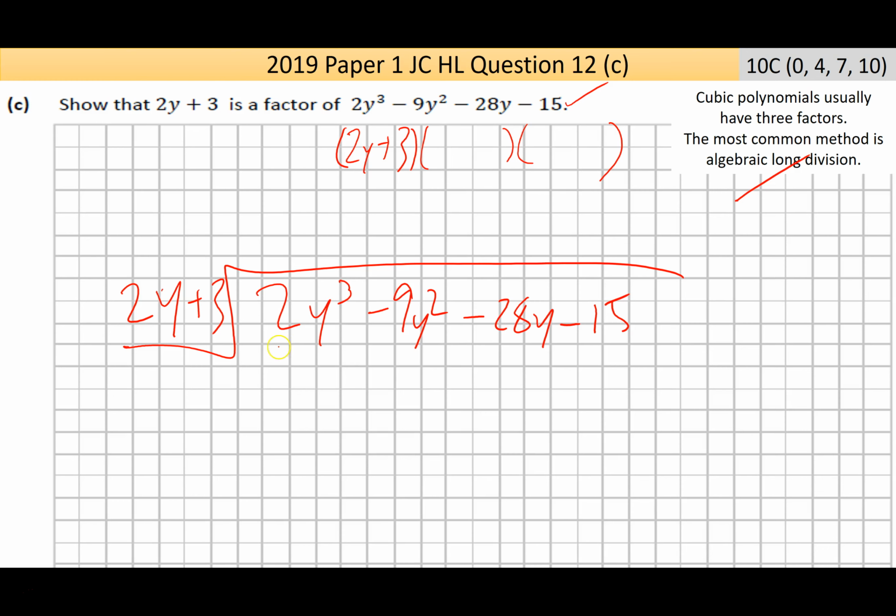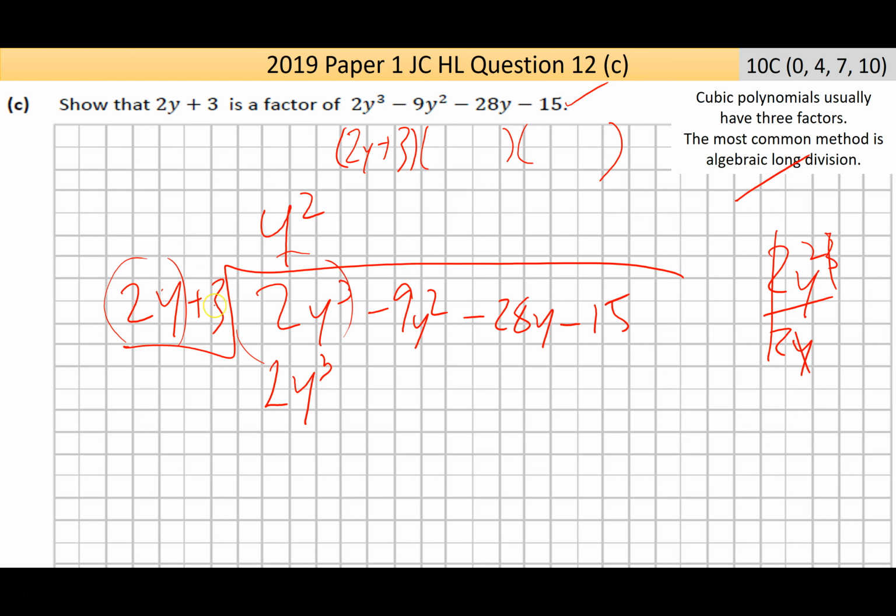So you're dividing this 2y to the power of 3 by this 2y. It's the same thing as 2y to the power of 3 divided by 2y. 2 cancel, 1 of the y's cancels, you're left with y squared. And once you do that, you do the reverse. So you multiply your 2y by y squared. You're going to get 2y to the power of 3.